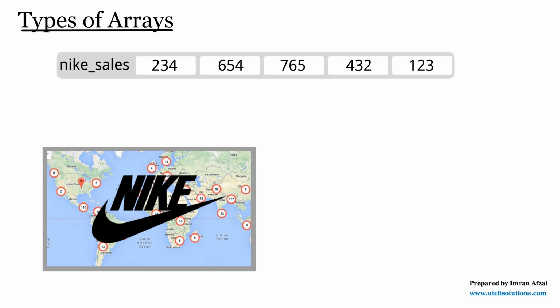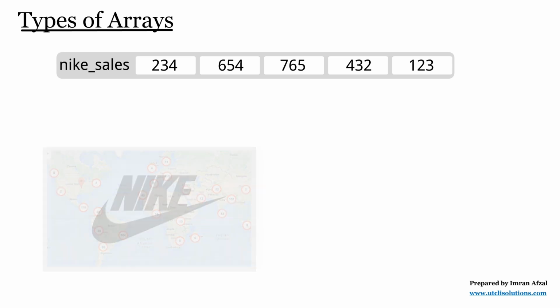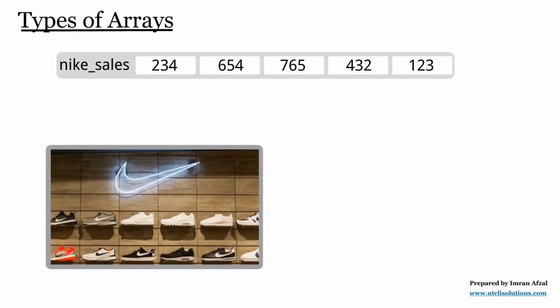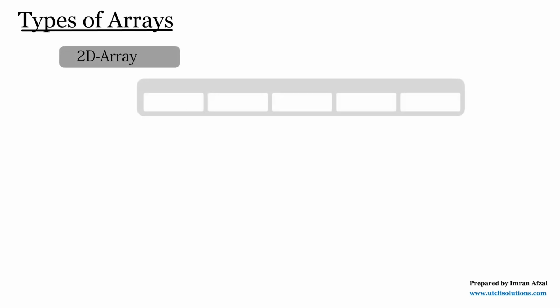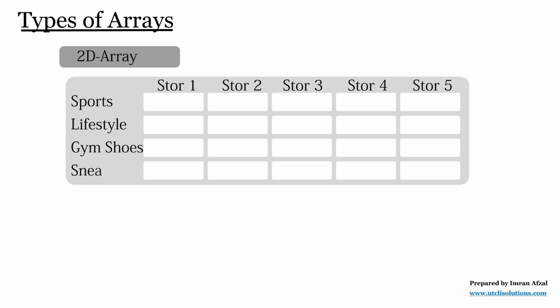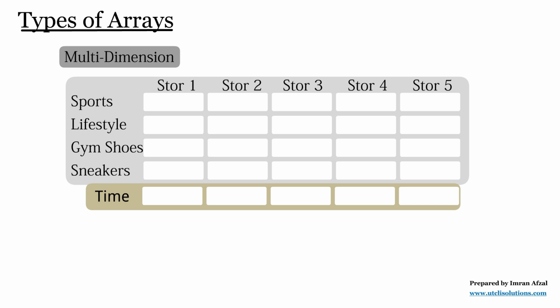If Nike wants to compare sales of multiple shoe models in different stores, a 2D array can be used where rows represent different stores and columns represent different shoe models. If Nike wants to go even further and analyze sales trends over several months, a multi-dimensional array is needed, where one extra dimension represents the time period.